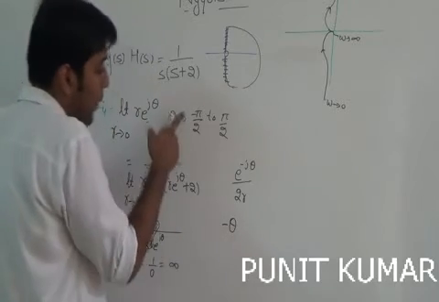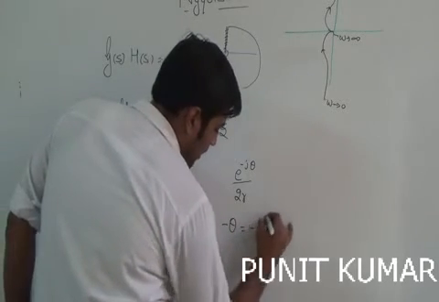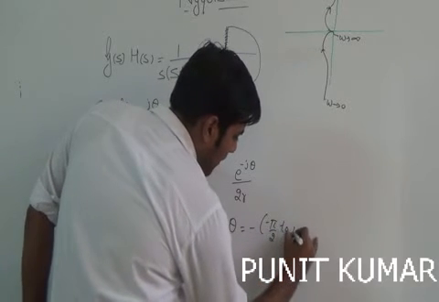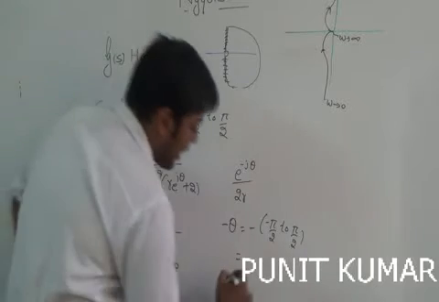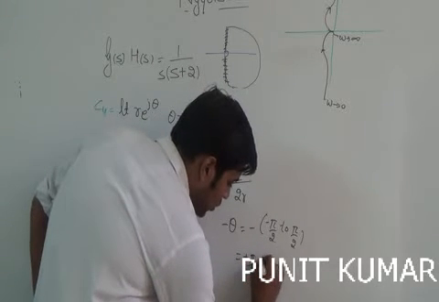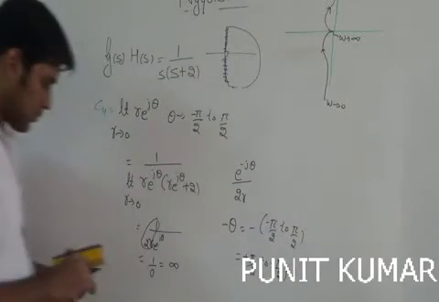Theta is going from minus pi by 2 to plus pi by 2, so the phase will go from plus pi by 2 to minus pi by 2.